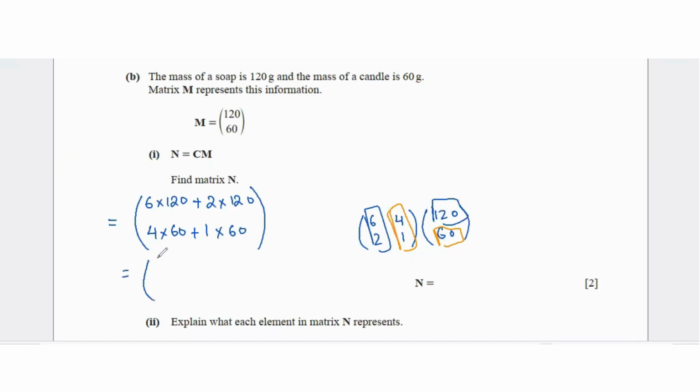And that is going to equal 720 plus 240 and 240 plus 60, which is 900 and 300 over here.